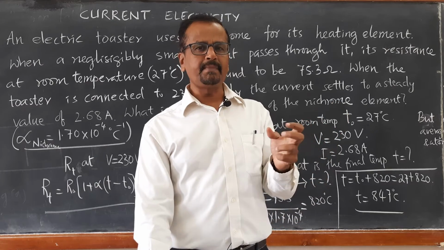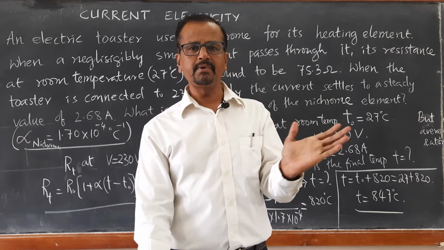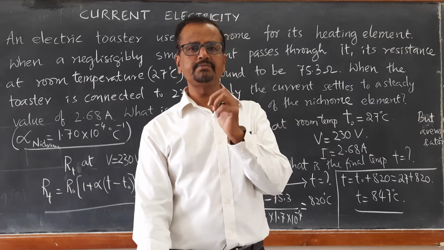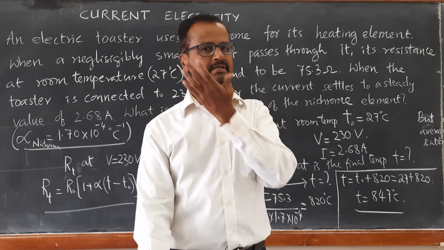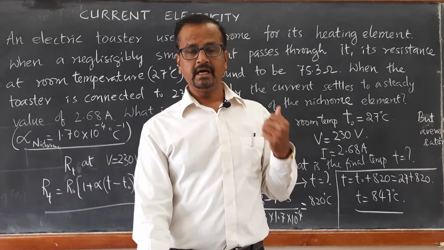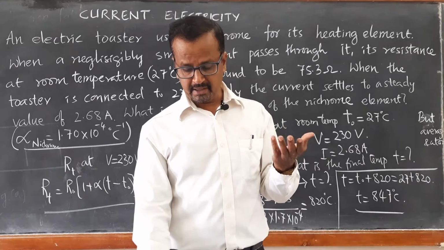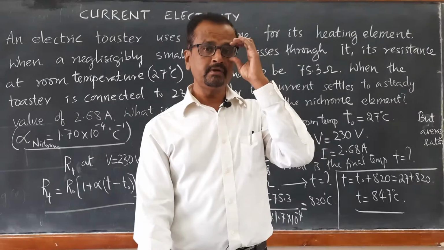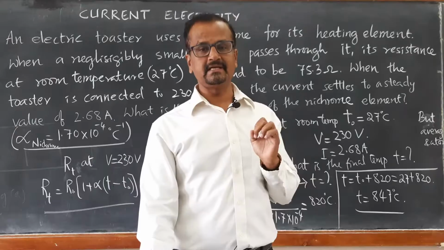The moment the current passes through, it allows the maximum current to pass because of the very low value of resistivity and resistance. And its temperature coefficient is also very, very low, 6.8 into 10 to the power of minus 4 per degree Celsius.